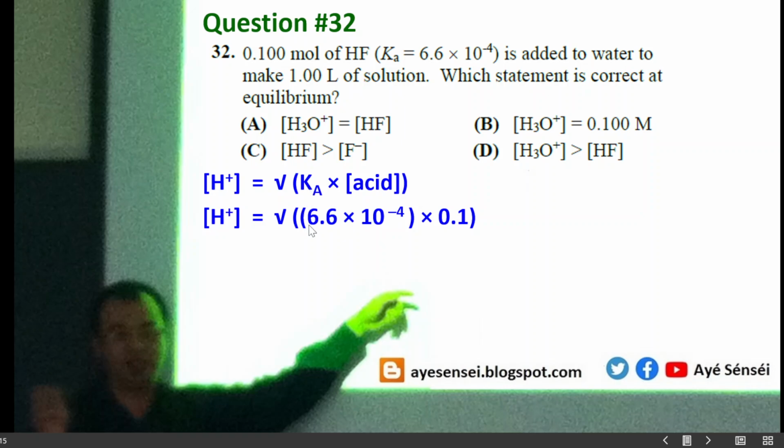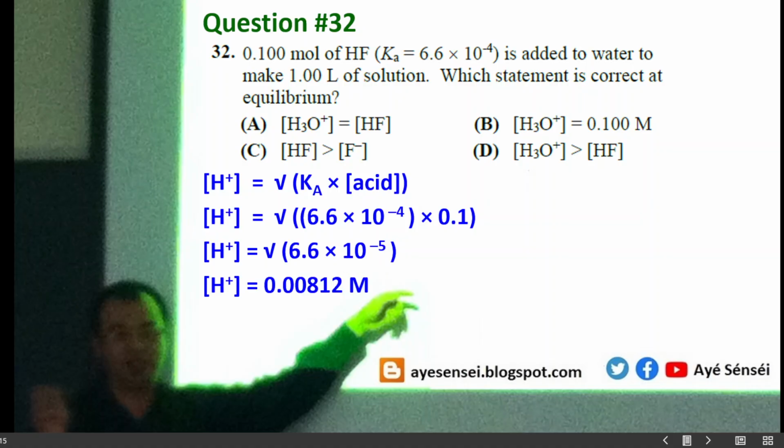So the acid constant is this, and this is the concentration of the acid, which means that the concentration of H+ ions will be equal to the root of 6.6 times 10 to the power of minus 5. Okay, if we use a calculator, this is what we get.